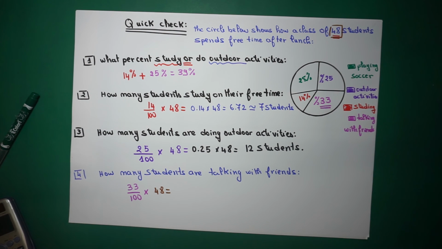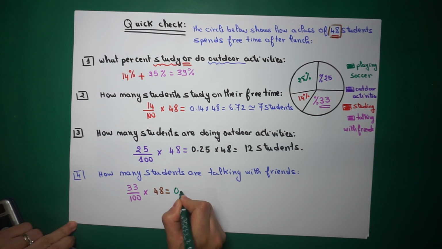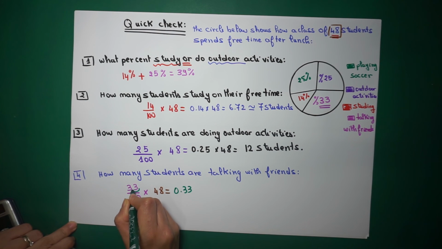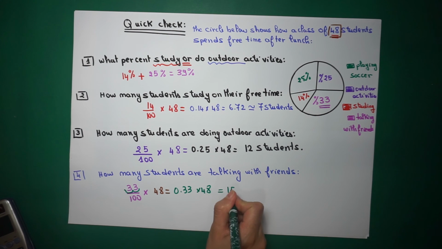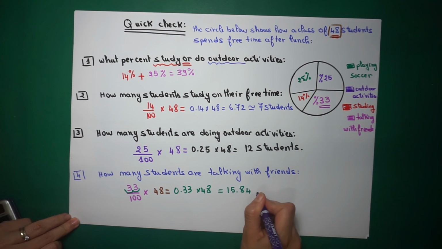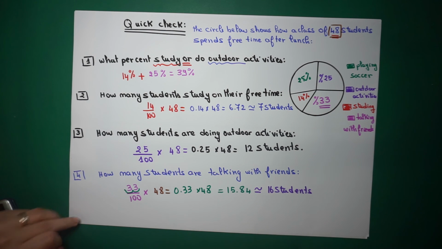The answer will be 0.33 times 48. It will be 15.84. As I told you, I cannot keep it as a decimal because I'm talking about students. It has to be a whole number. So it will be exactly 16 students. I'm just rounding.